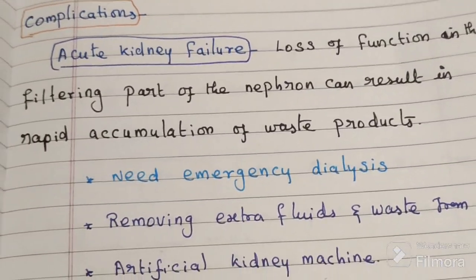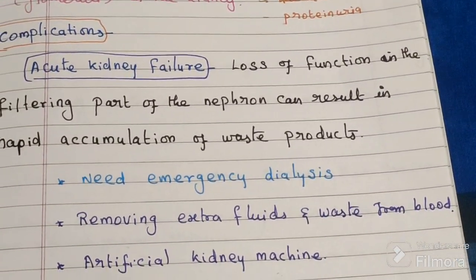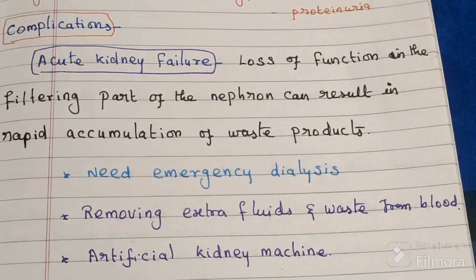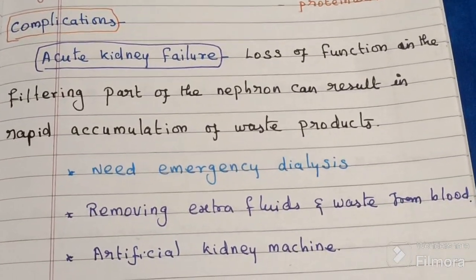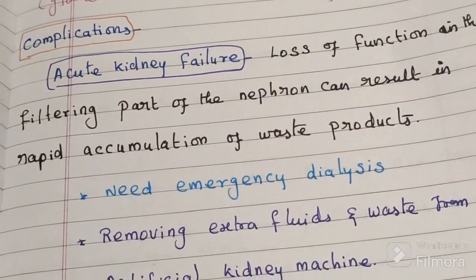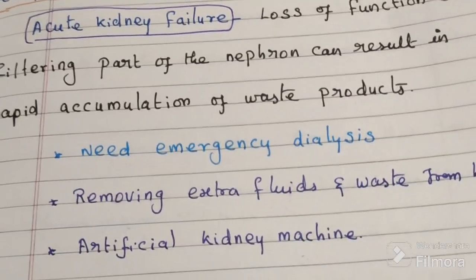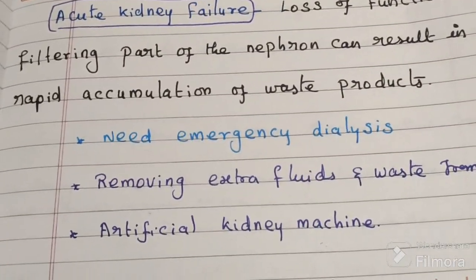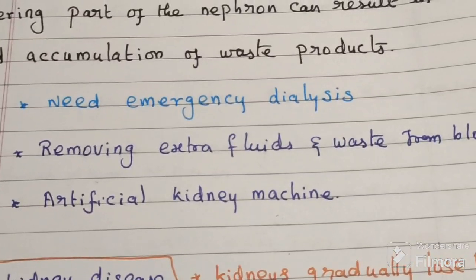Then complications. Acute kidney failure: loss of function in the filtering part of the nephron can result in rapid accumulation of waste products, so it needs emergency treatment.